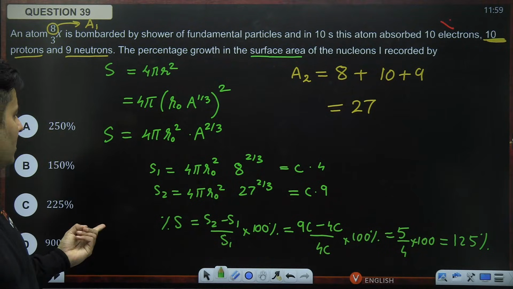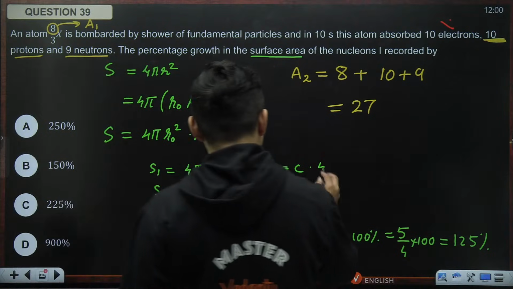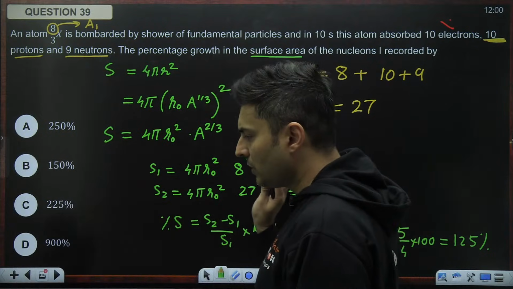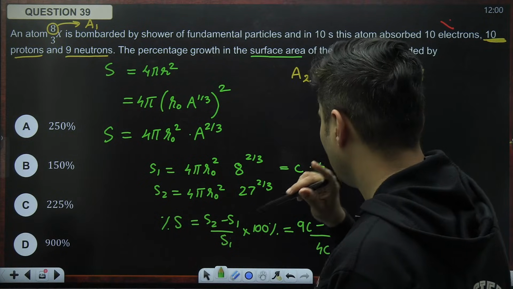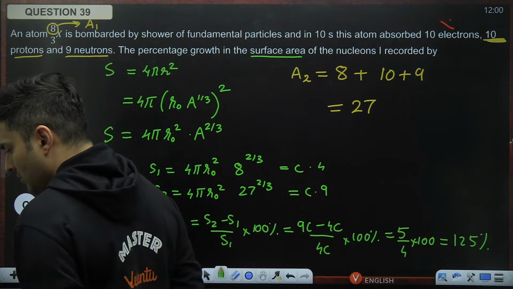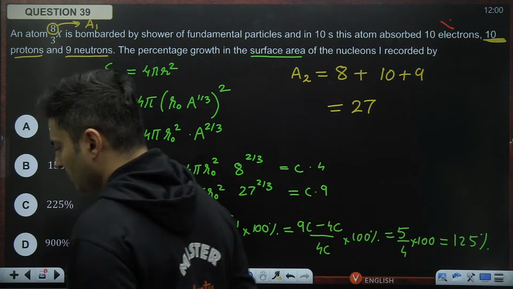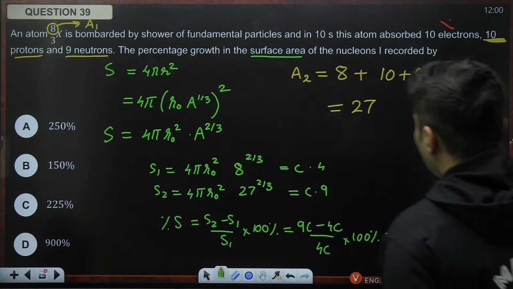Have we missed something? Just see. 9C minus 4C by 4C, 5 by 4. Initially it was 4 only. Just check this out. Have we missed something? Just check, guys. The percentage growth in the surface area.